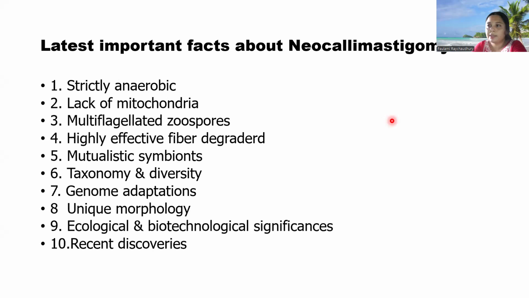Ongoing research in synthetic biology and engineering of CAZ enzymes for industrial use. CAZ means carbohydrate active enzyme families. Now, example genera and hosts: Neocallimastix found in cow rumen, Piromyces in elephant and horse, Orpinomyces in sheep and goat, and Anaeromyces in buffalo and camel.